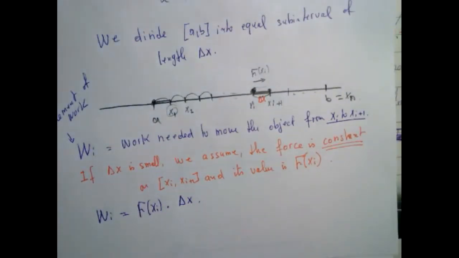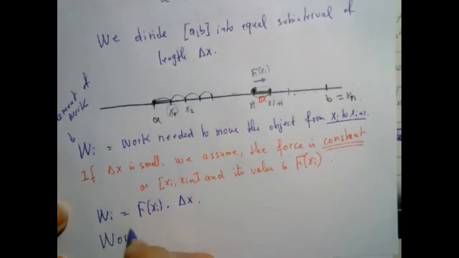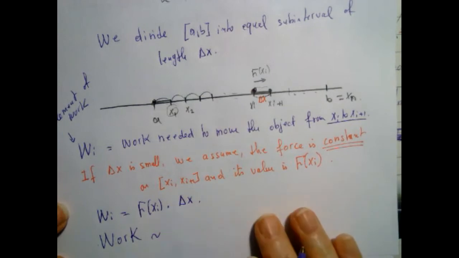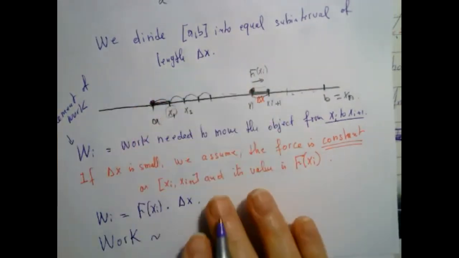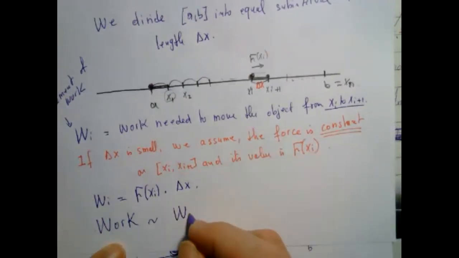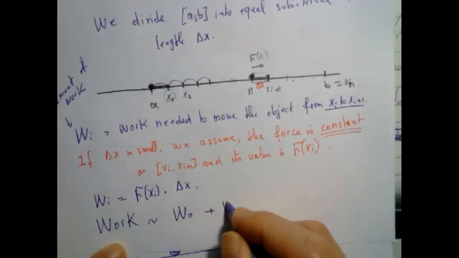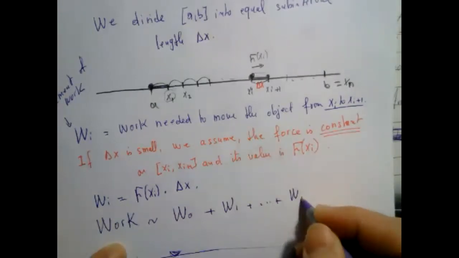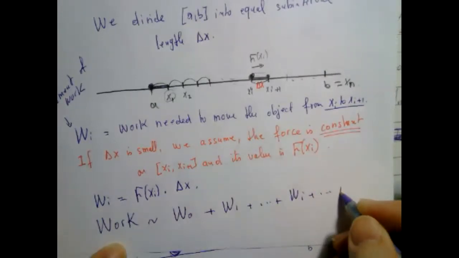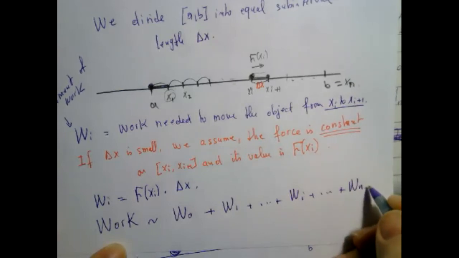So now the total work is going to be almost equal to the work to go from here to here. I'm going to call this W0 plus W1 plus Wi. So the little bit of work, the contribution of each one of them.